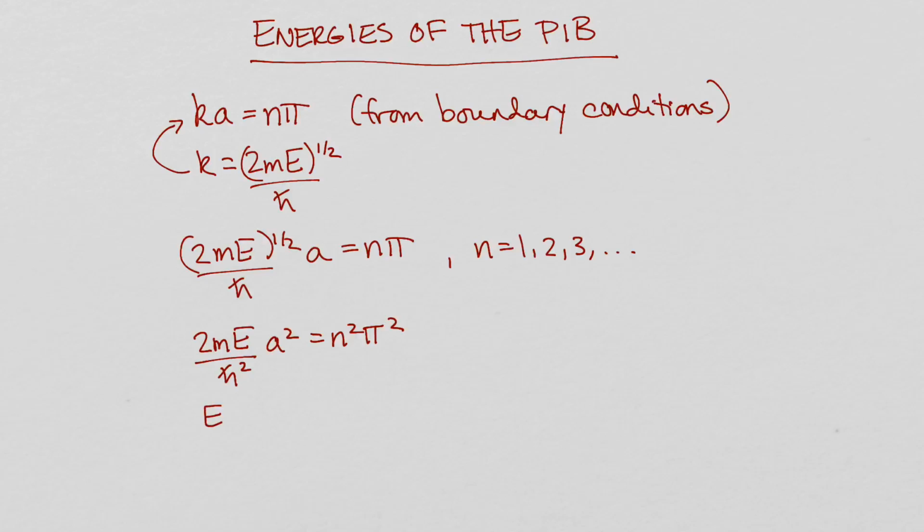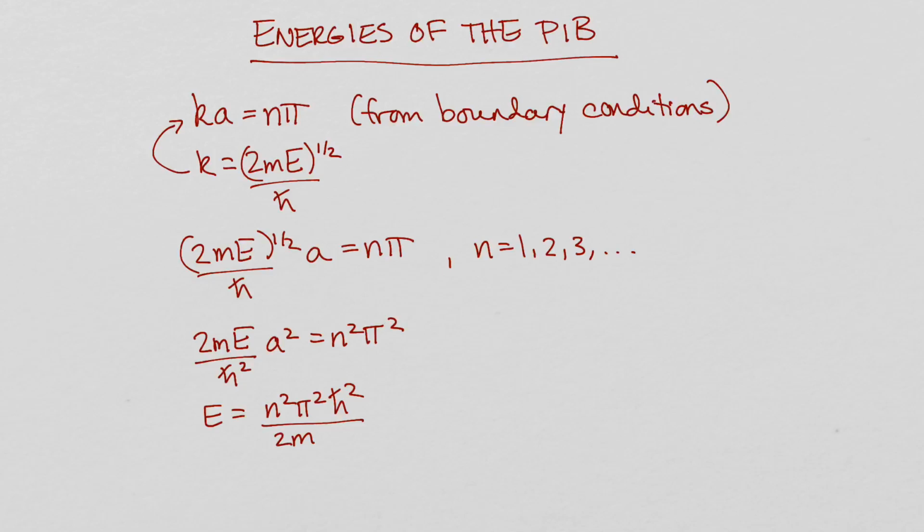Then we'll have E equals n squared pi squared h bar squared over 2m a squared. There is our solution for the energy levels of a particle in a box in terms of h bar squared and n.